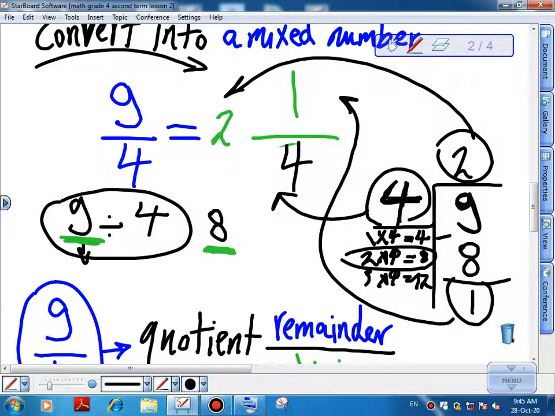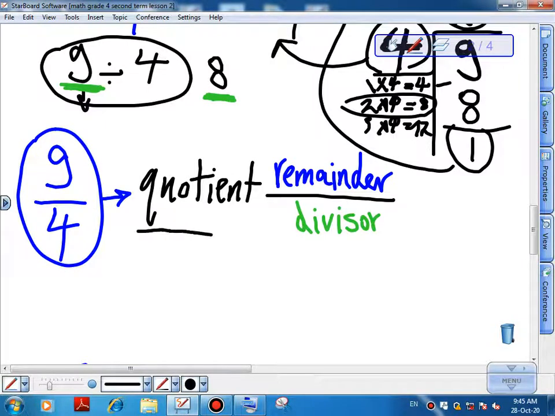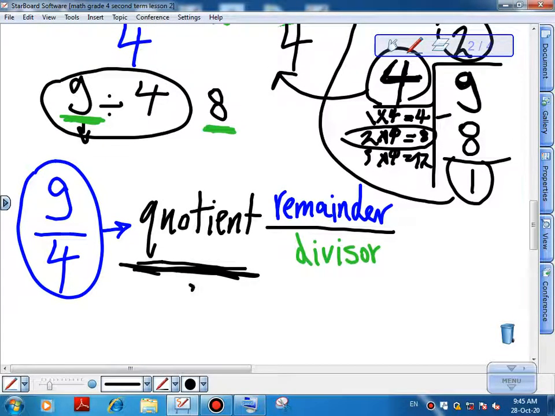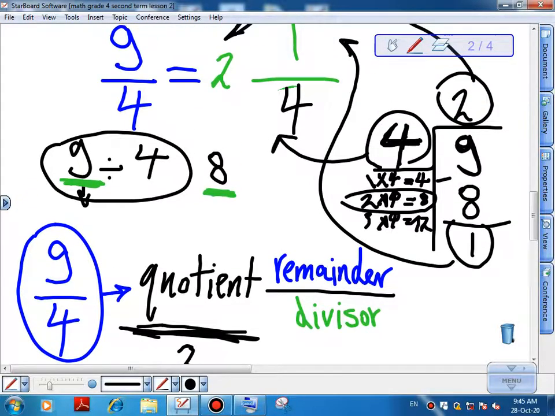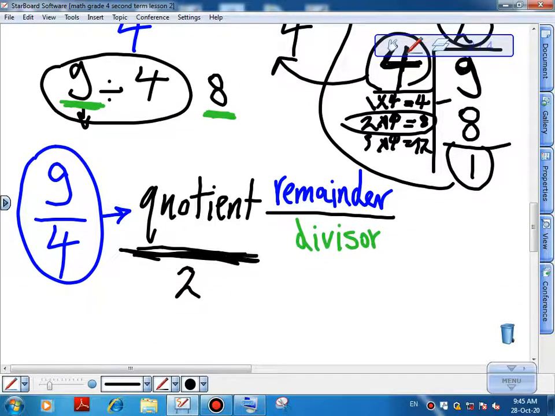Again, the quotient 2 goes in the whole part, the remainder 1 in the numerator, and the divisor 4 in the denominator. It will be 2 and 1 quarter.